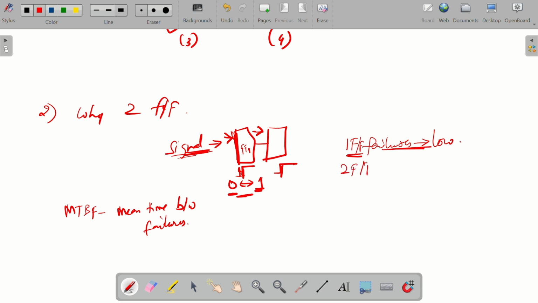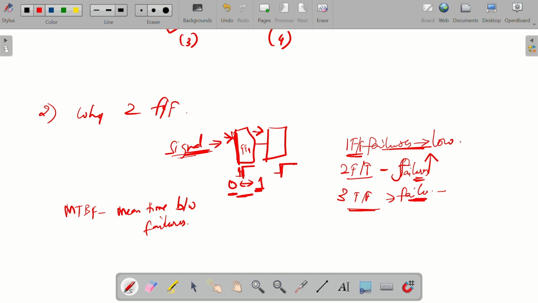If there are two flip-flops built as a synchronizer, the mean time between the failures will increase by orders of magnitude. If there are three flip-flops, then the mean time between failures can exceed your system lifetime. That means there is no real probability that a metastability failure might occur if you're using three flip-flops for the entire duration of when the system is being run.